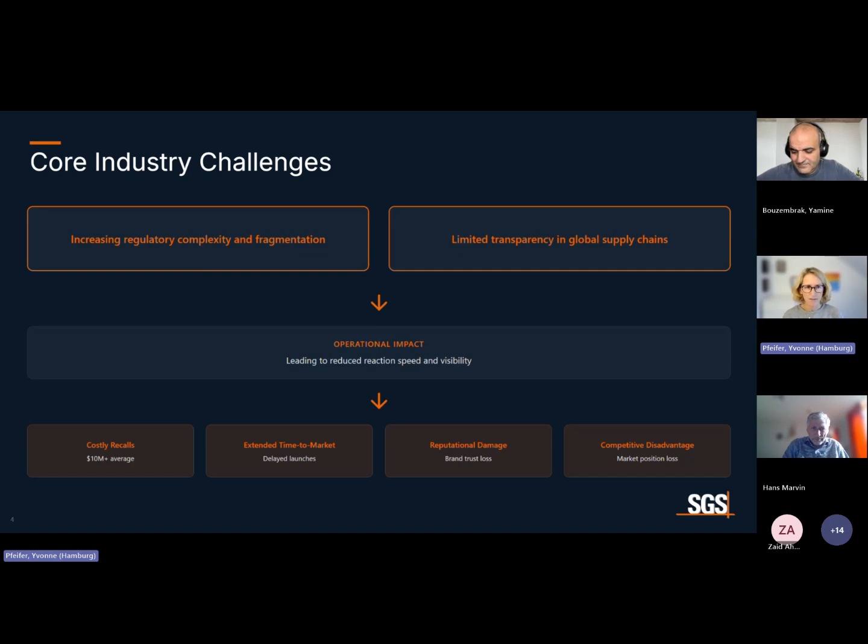On the one hand, increasing regulatory complexity and fragmentation, and on the other hand, limited transparency in global supply chains, meaning an operational impact, causing costs from recalls, extended time to market, reputational damage, and competitive disadvantages.